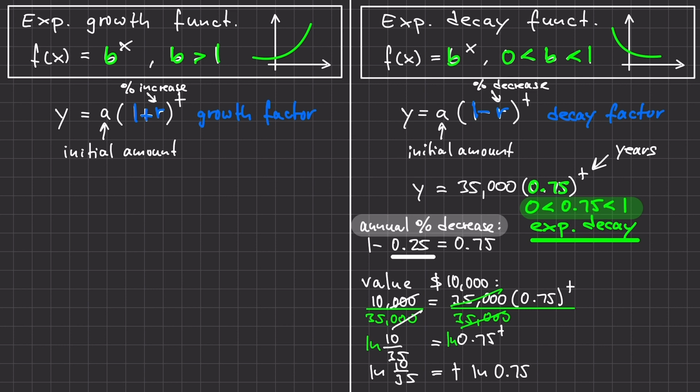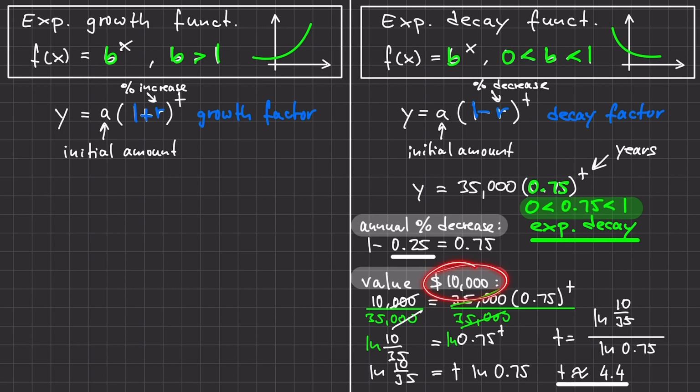And after dividing both sides by ln of 0.75, we get t equals ln of 10 over 35 over ln of 0.75, which is then approximately 4.4. So after approximately 4.4 years, the value of the car will be about $10,000.